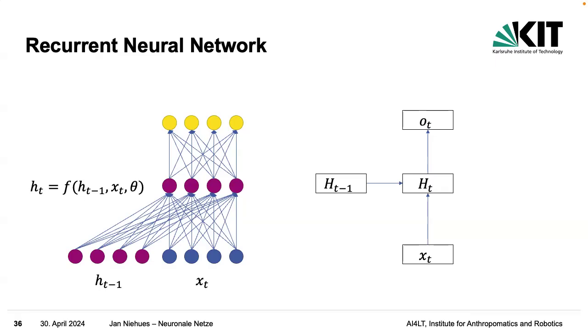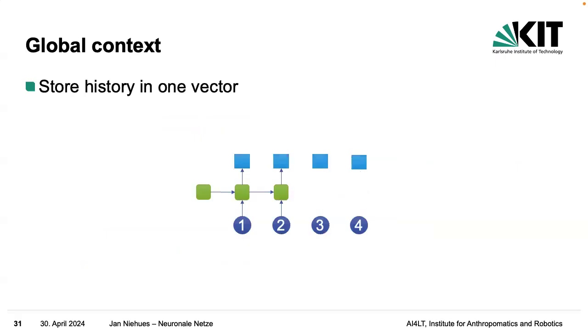Yes? Yeah, so that is similar to your padding. What you really have here is the first green state there. You have to somehow initialize that. You can either learn that as parameters. You can just initialize it as zeros or as ones.